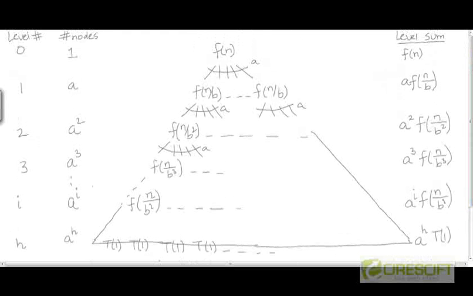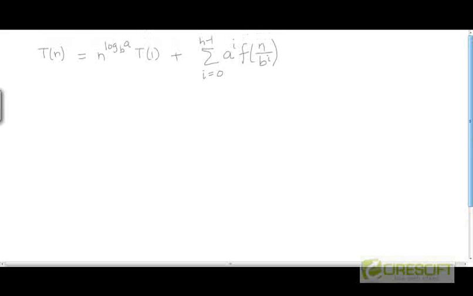Now of course we don't have specific values of a and b, but in the examples that we saw, there were 3 different possible combinations of values of a and b and f of n. In some cases, this series turned out to be a decreasing geometric series.